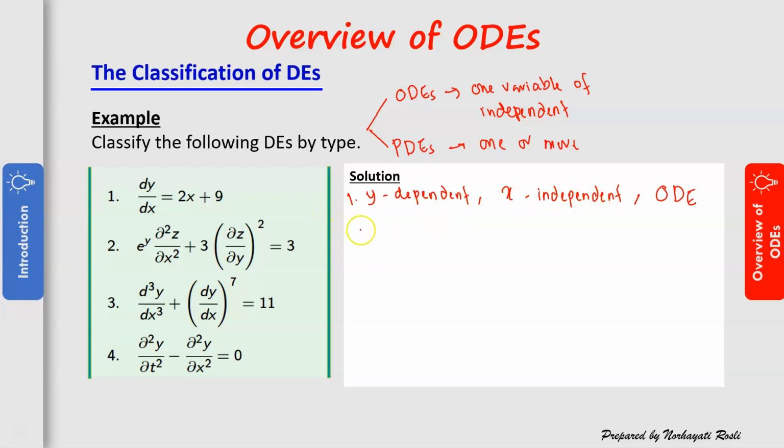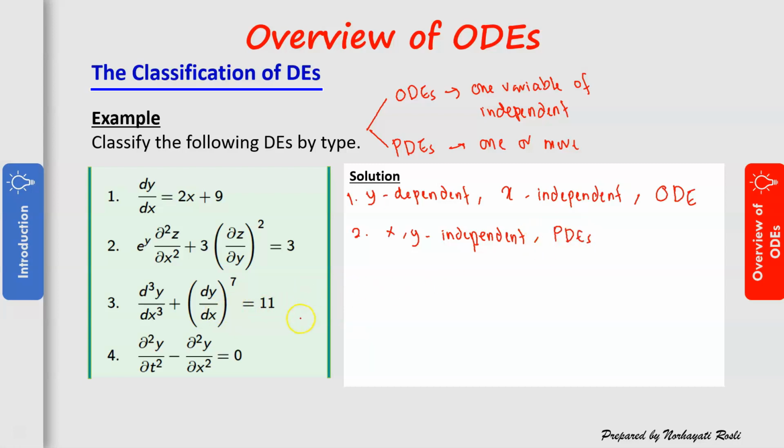And then number 2, we have one dependent variable with respect to two independent variables. In this case, x and y are independent variables. So when we have more than one independent variable, we say that it is PDE.